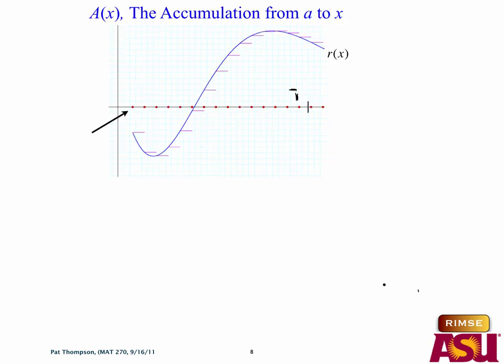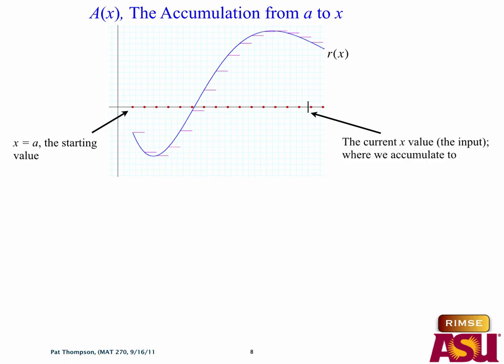So once again, we're trying to create an accumulation function that will output the accumulation if we start at a and go to the current x value. So starting at a, arriving at some current x value, that's where we're trying to accumulate to.